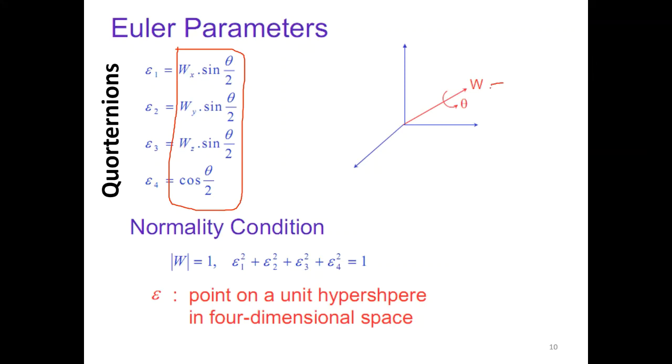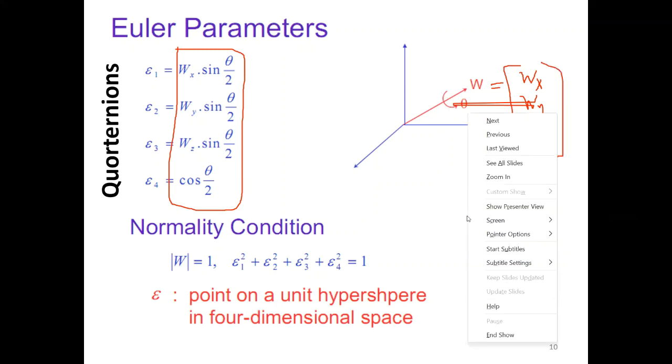Okay, this one as Wx, Wy, Wz. It's a unit vector. So this is the axis of rotation, actually.